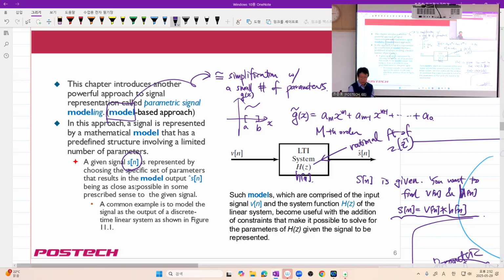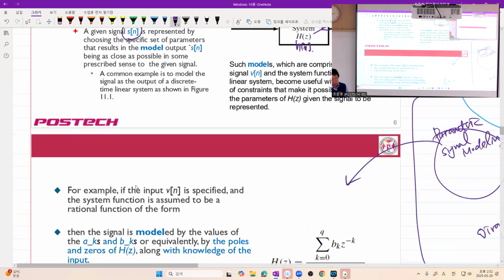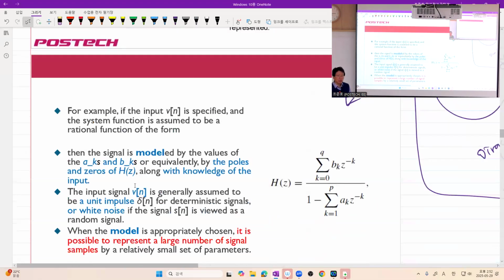Interestingly, as I told you in the last class meeting, in speech compression, people have found that the speech signal can be well modeled as some input signal, especially from the vocal cords, a periodic generation of impulses, with a so-called all-pole model.